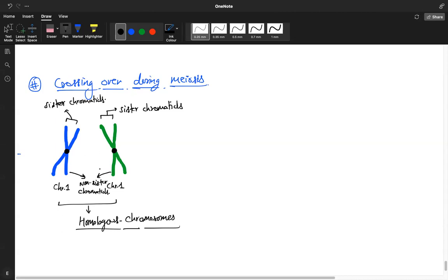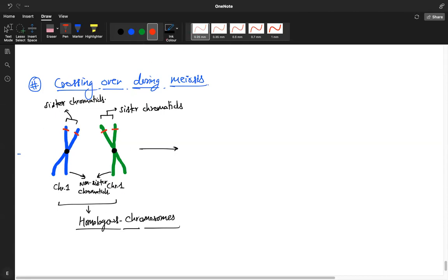Can you see the screen, both of you? Are you understanding? Yes. Good. Now what happens is, let's say it contains a gene, a red gene here. The same gene will be here also and here also, because these are homologous chromosomes.